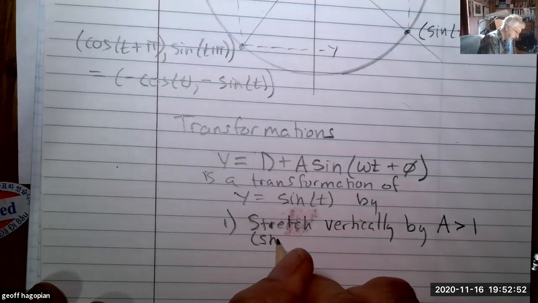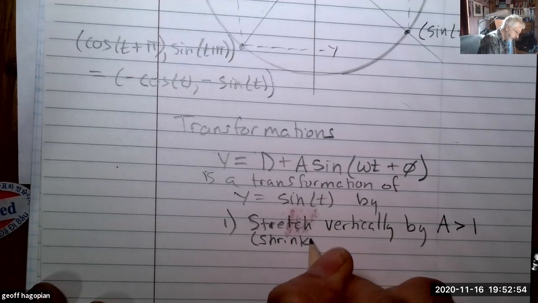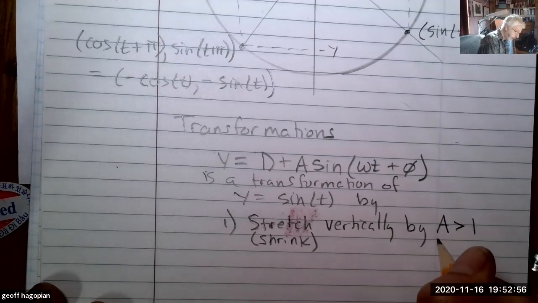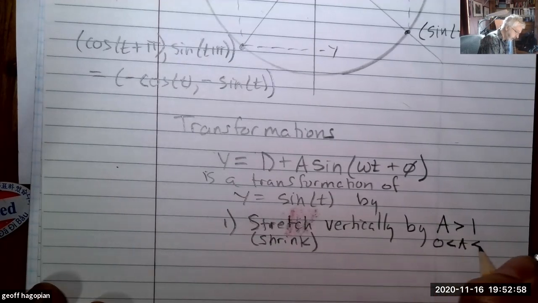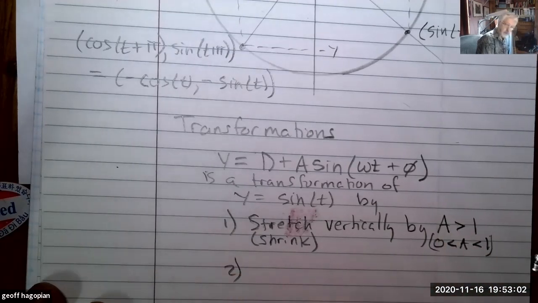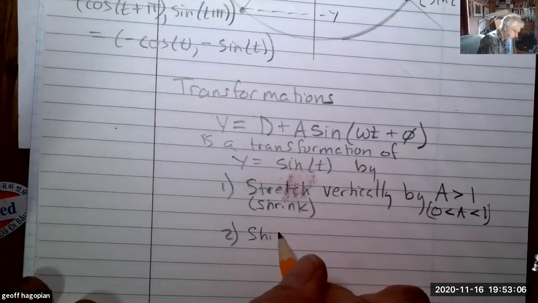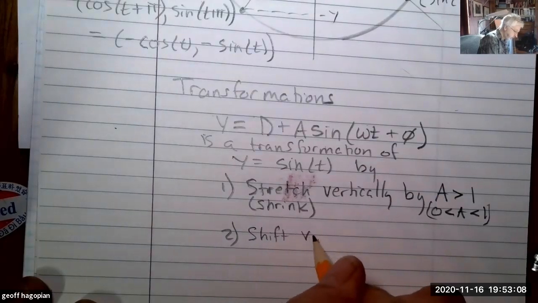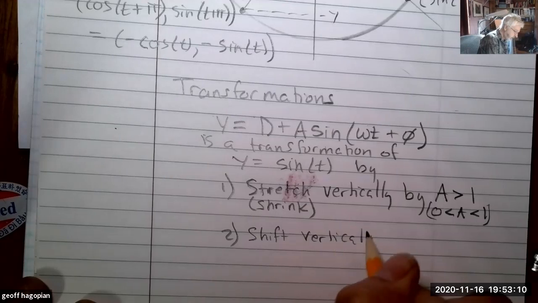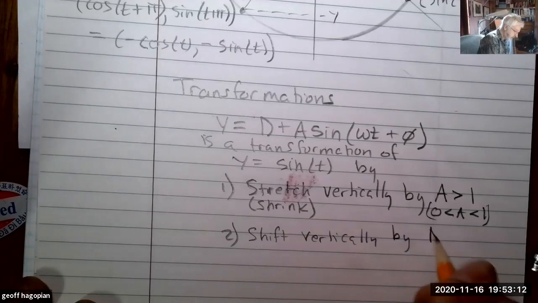So let me just put in here, it could be that you're shrinking vertically by A between 0 and 1, right? Second, shift vertically by D, right?